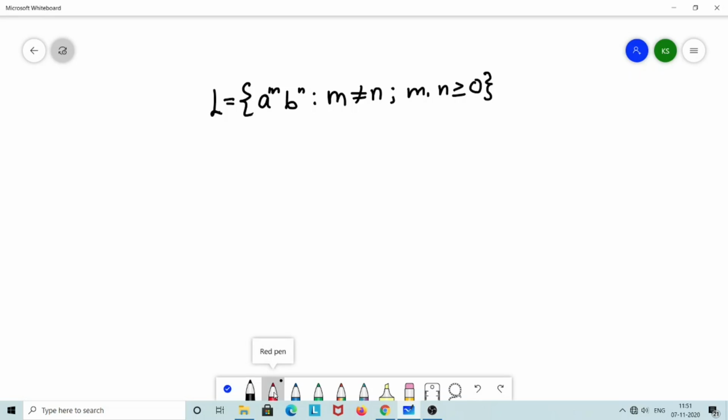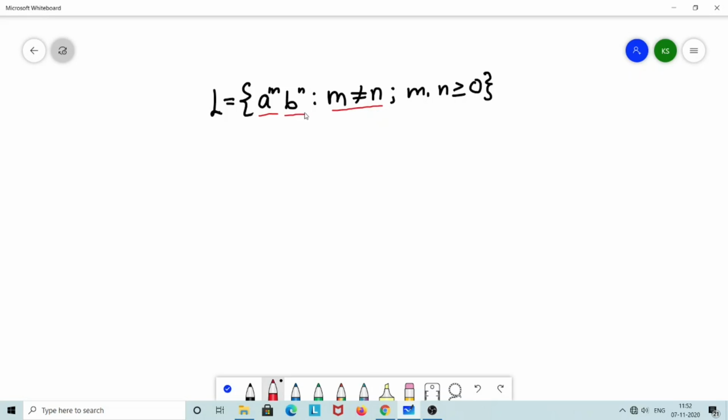Here the language L is made up of strings from the alphabet set {a, b}, and the definition of the language says a replicated m number of times is concatenated with b replicated n number of times, and the main constraint here is m should not be equal to n.